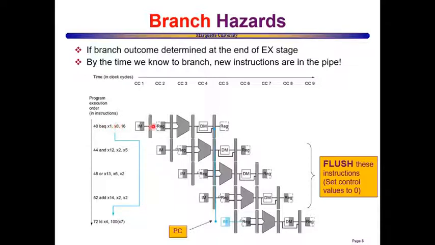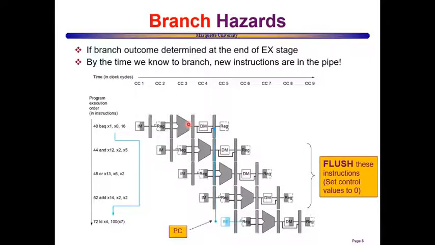If you remember, the way this branch on equal instruction is executed is that the ALU is asked to do a subtraction, and based on the result of the subtraction, we know whether we need to branch to the address that we need.